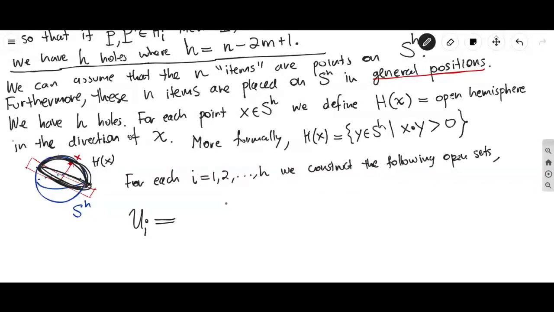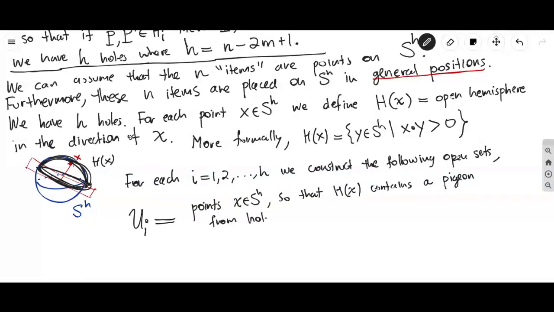So U_i will be points x on S^h so that the hemisphere drawn at x contains a pigeon from hole i.